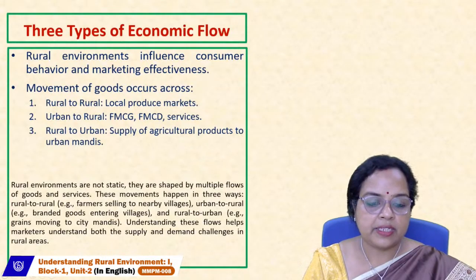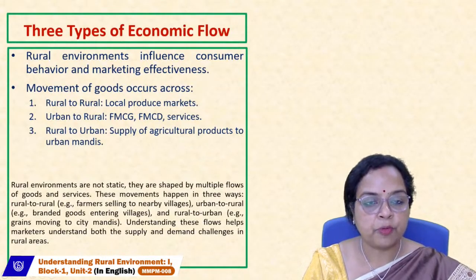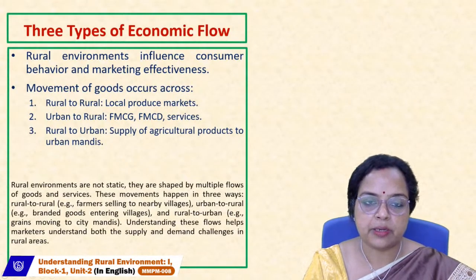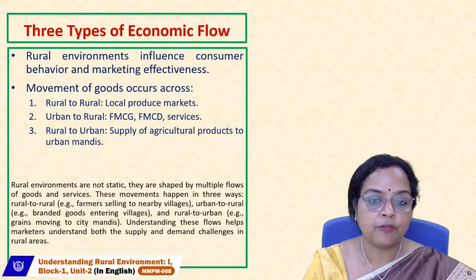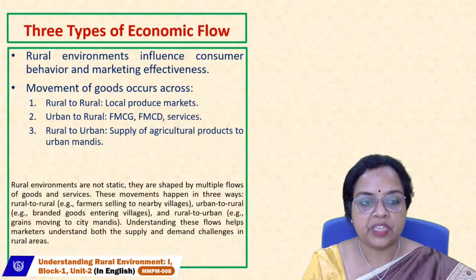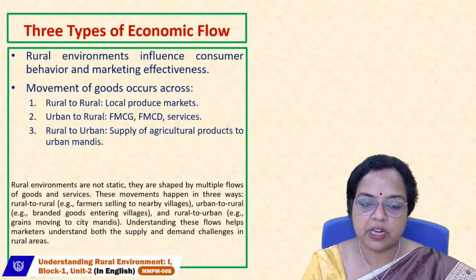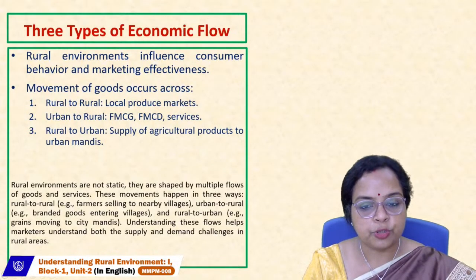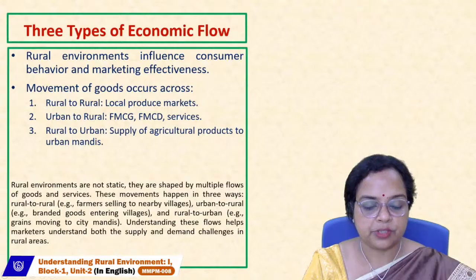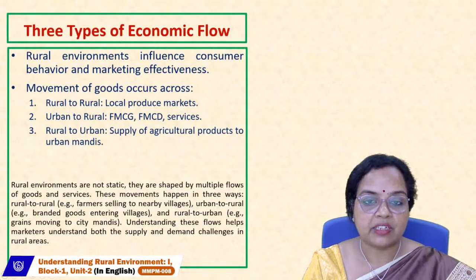The question may arise: what is the importance of understanding these three economic flows? Because you are the marketer, and tomorrow you want to sell your product. If you don't understand these three flows, how will you know which distribution channel to enter? Each movement of goods includes a type of distribution channel. So the marketer needs to understand the particular distribution channel he has to focus on to do his marketing activities.